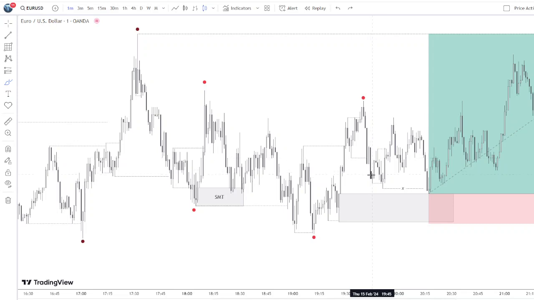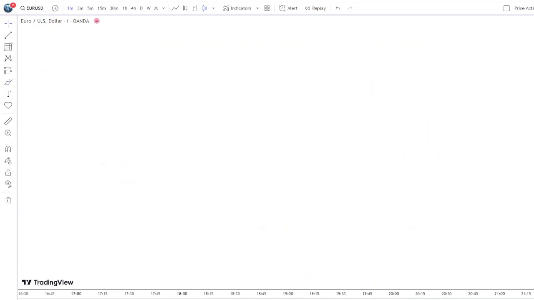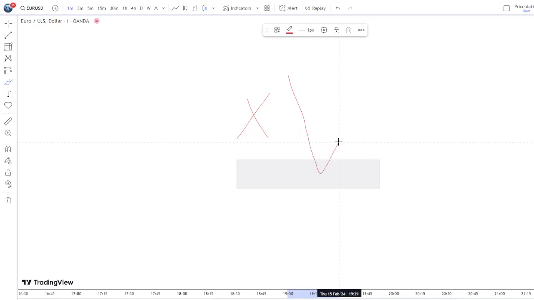we need price to generate liquidity. So what do I mean by this? If price is coming to a zone, there is no internal range liquidity here, and you buy it like that, it's just going to react and take you out. So for you to validate this zone, price needs to create an inducement.